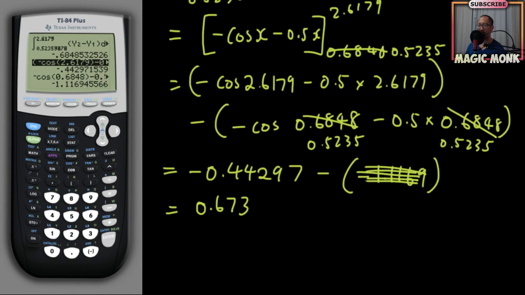So it's negative cos, let's just see if I can get that up again. Instead of 6848, it's 5235. Okay, so the answer is negative 1.12.